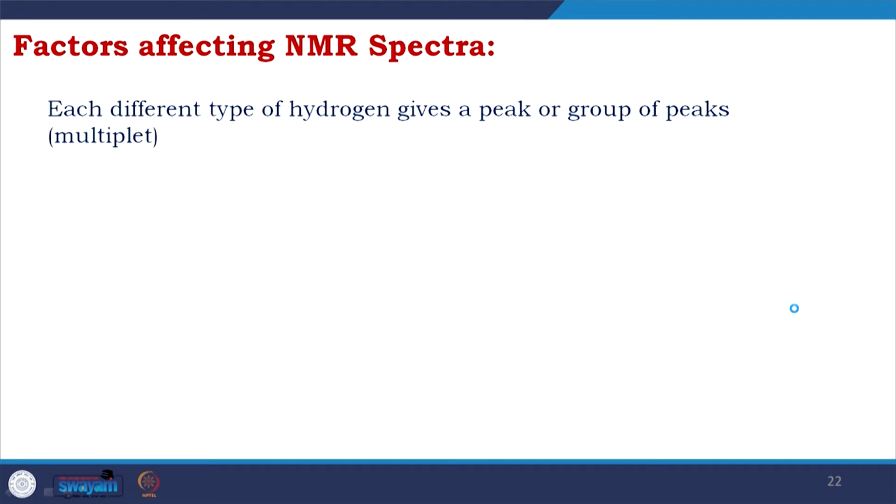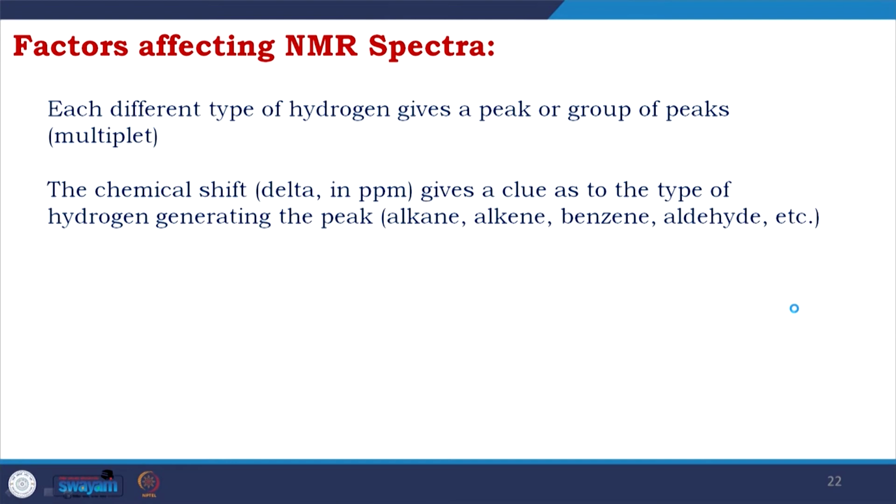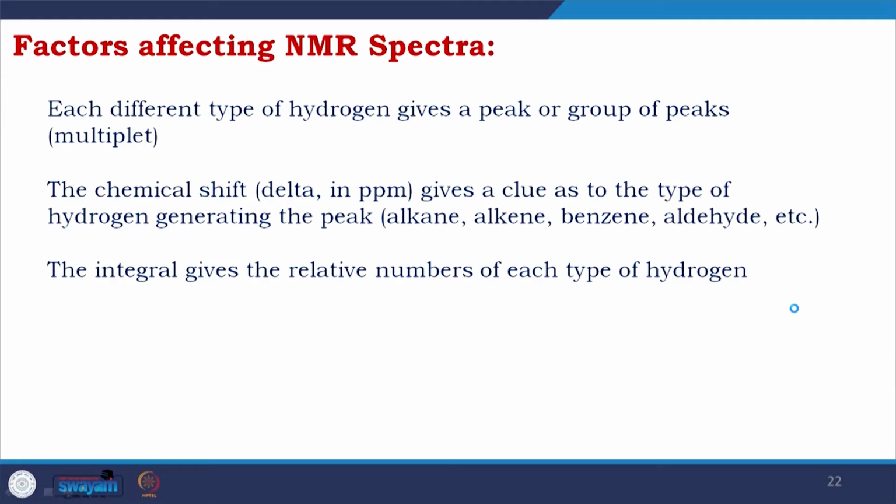Now, coming to factors affecting NMR spectra, it is a kind of summary. Each different type of hydrogen gives a peak or group of peaks. So, as I have already told, you get one type of hydrogen and another type of hydrogen, so two types of hydrogen, 2 peaks. The chemical shift, the delta in ppm, gives a clue as to the type of hydrogen generating the peak. Like here, this is CH3 and this is with bromine. So, this would be shifted like alkane, alkene, benzene, aldehyde, electronegative group, we know all of them and their effects.